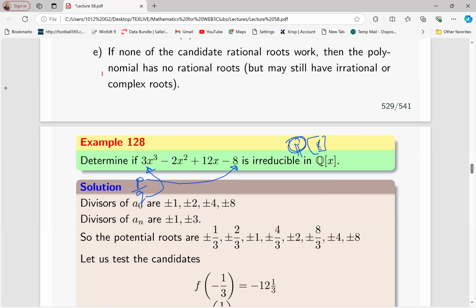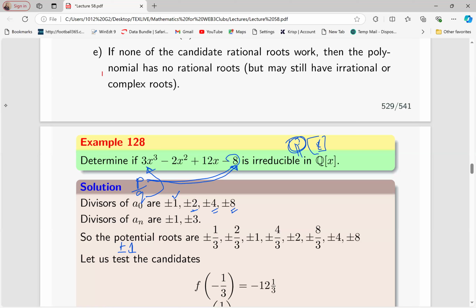Numbers that can divide the constant term: one of them is plus or minus 1. Another number that can divide 8 is plus or minus 2, plus or minus 4, and plus or minus 8. So we found the possible values of P.